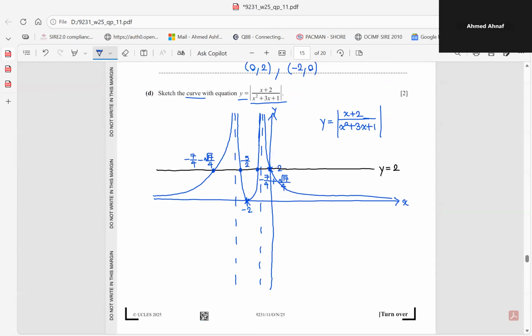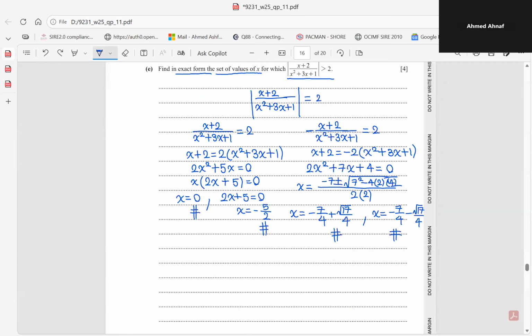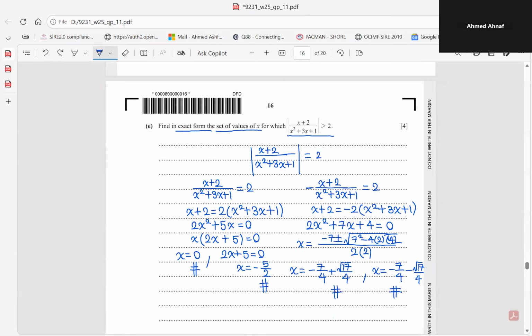I don't think I need to label that. In the exam, whenever you label, please use a pencil so that you can erase it easily enough.